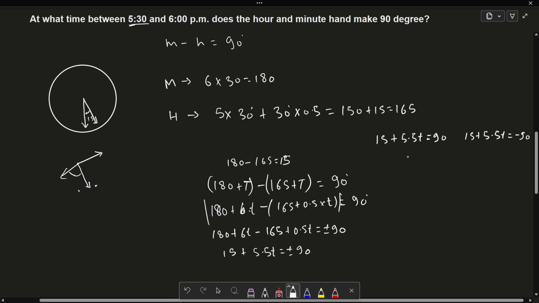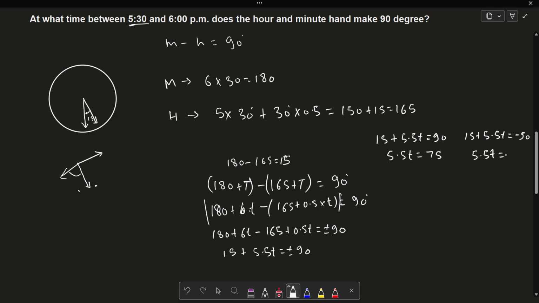And when you solve this, 5.5 t equals 90 minus 15, which is 75, and this is 5.5 t equals minus 90 minus 15, which is minus 105, okay.